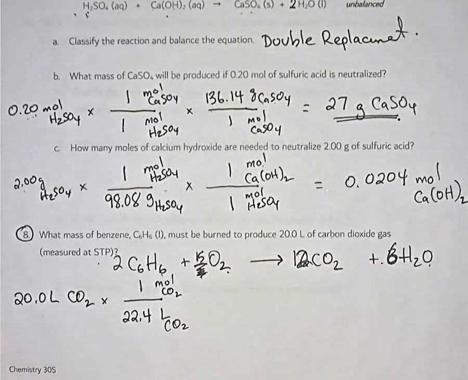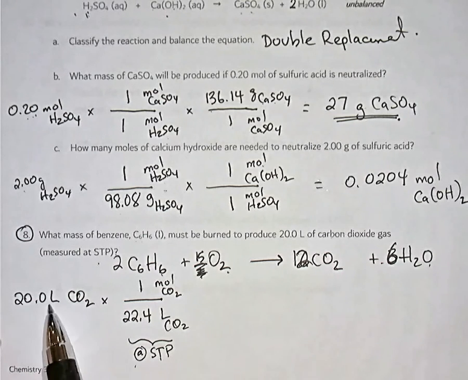In our next unit on gases, we'll learn about where that number came from. But for right now, that's just a fact that we've memorized, that if a gas is at standard temperature and pressure, 0 degrees Celsius and 1 atmosphere pressure, 1 mole of any gas would have a volume of 22.4 liters. So we can switch those liters into moles of CO2.